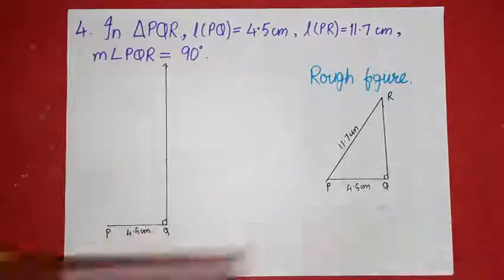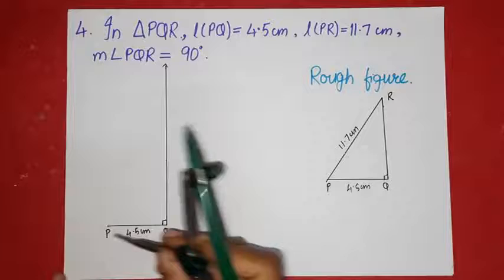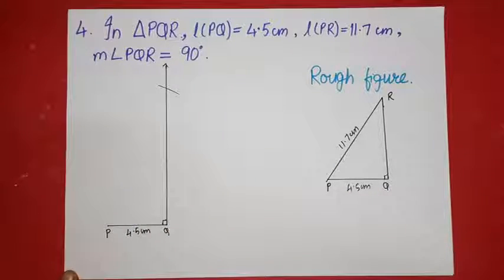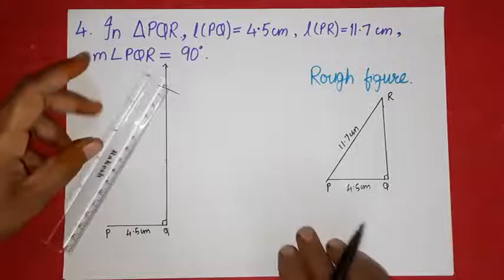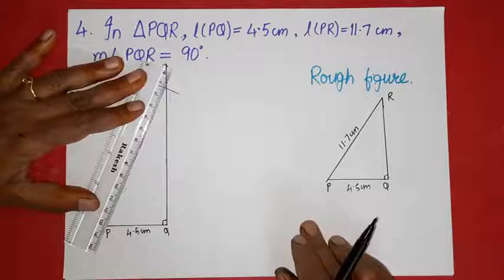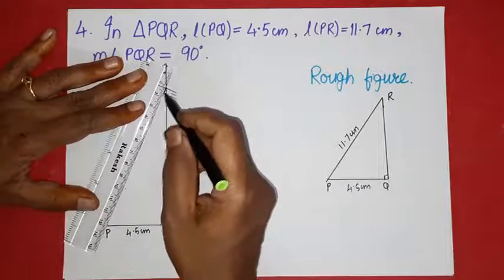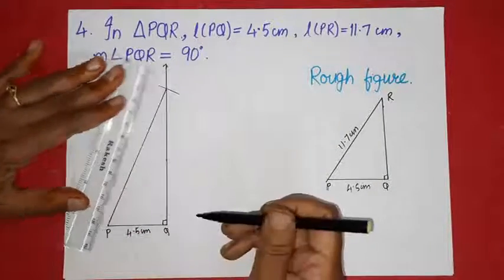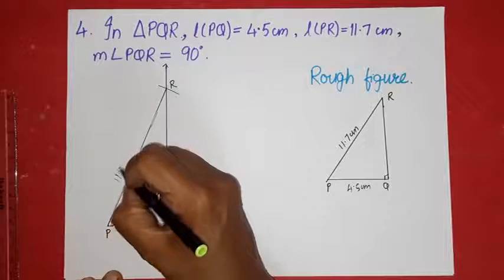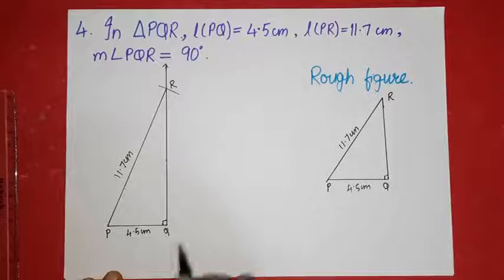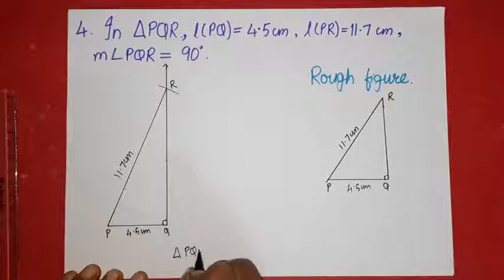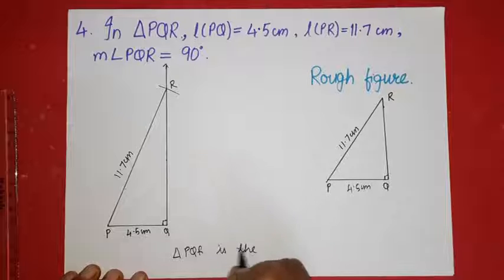Now put the needle end on P because we are drawing the hypotenuse and mark 11.7 centimeter on the ray. Using the ruler, join these two. Here this is the vertex R, its measure is 11.7 centimeter. So this is the required triangle. So we will write here, triangle PQR is the required triangle.